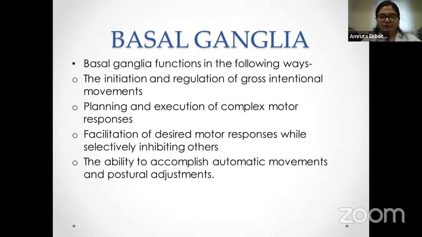What movement to do, which motor strategy to use, this is also planned by the basal ganglia. As well as, for the limb to be able to smoothly do the movement, certain other movements have to be inhibited, which is also facilitated by the basal ganglia.